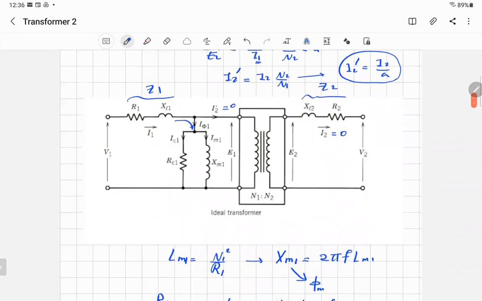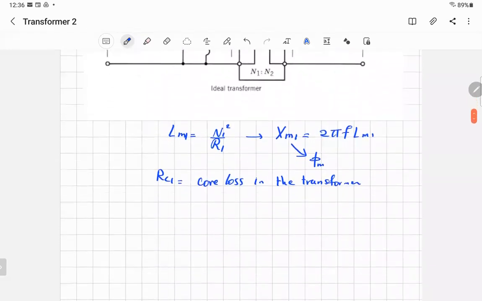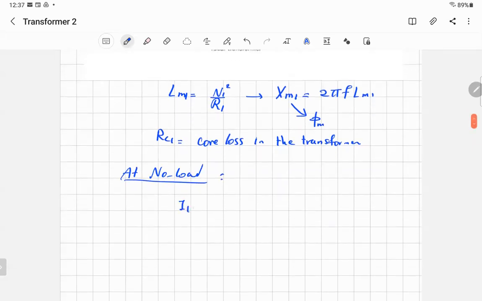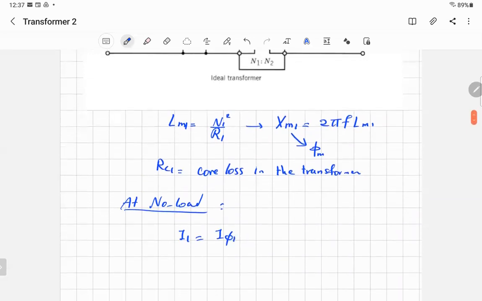So at no load, I1 is equal to I phi 1. What's I phi 1?